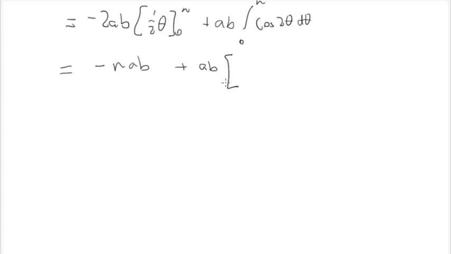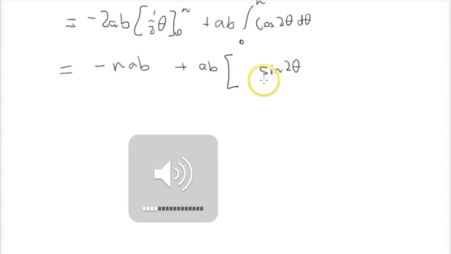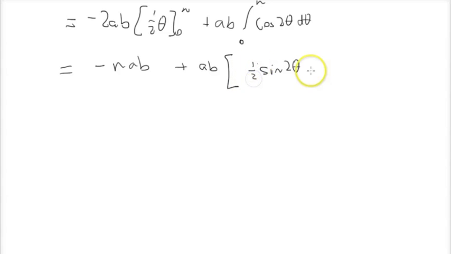The derivative of sine is cosine, so the derivative of sine 2 theta is going to be cosine 2 theta, but remember we need a coefficient out here to take care of the 2, and so that coefficient is going to need to be a 1/2 sine 2 theta, and that is going to be evaluated between 0 and pi.